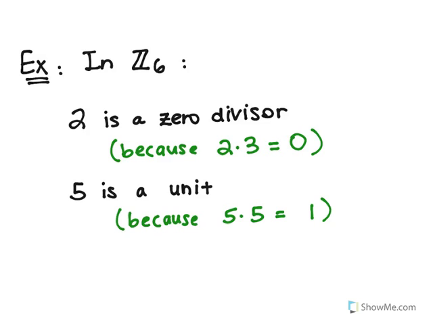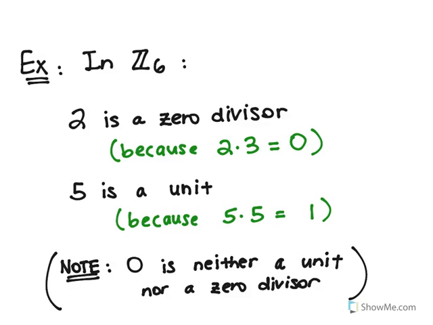Notice that by the same token, 3 is also a zero divisor. On the other hand, the element 5, for instance, is a unit. Why is that? Because it's something that I can multiply by something else to get 1. In particular, in this case, 5 times 5 is equal to 1 modulo 6.